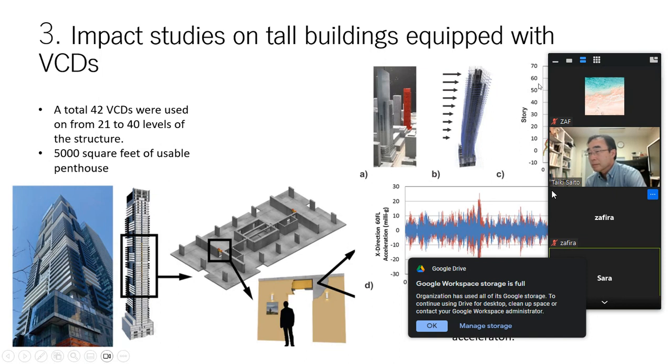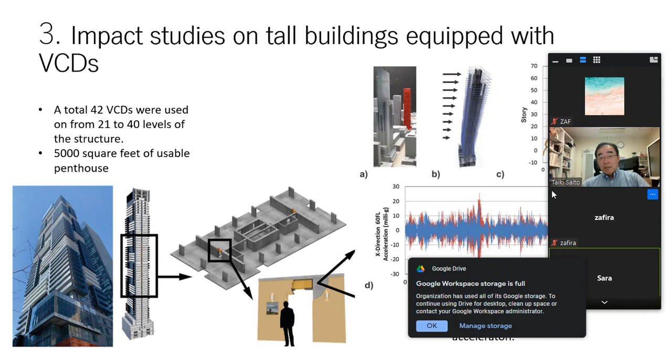From this picture, the story drift without the dampers is shown here, from level 21 to level 40. In this section, the undamped story drift is more.